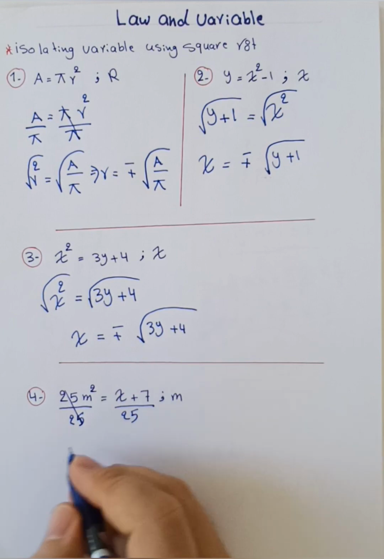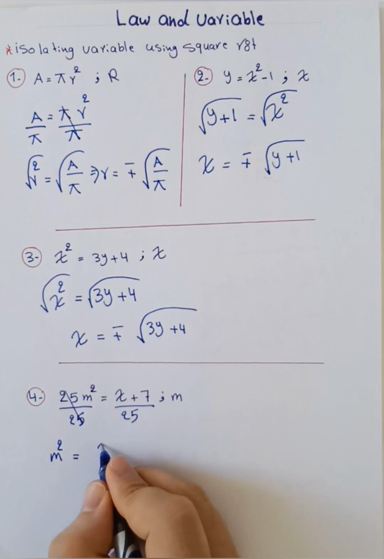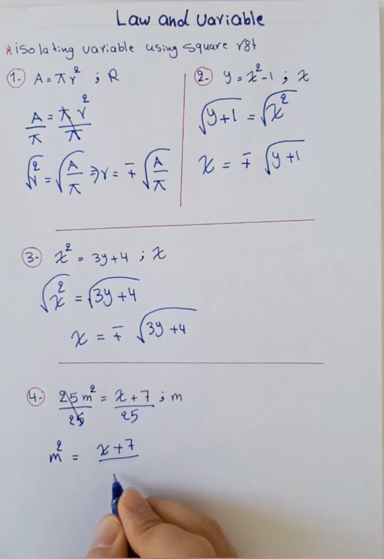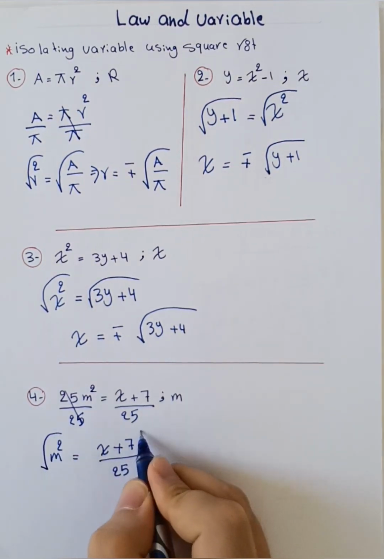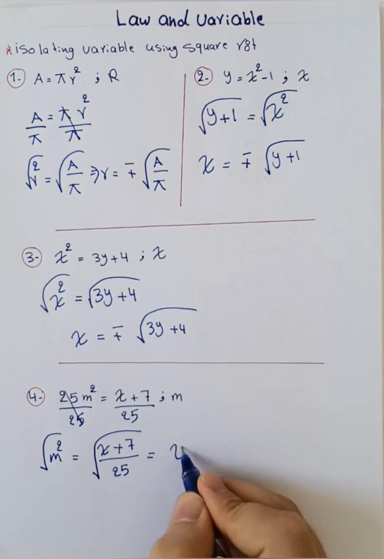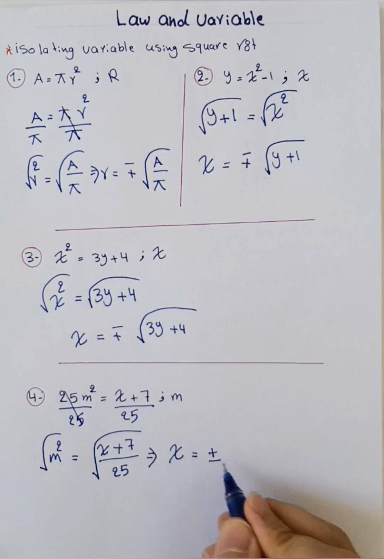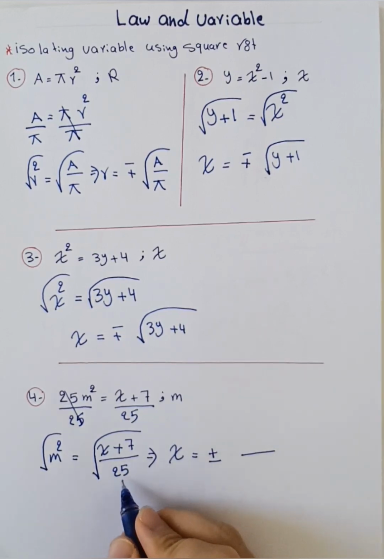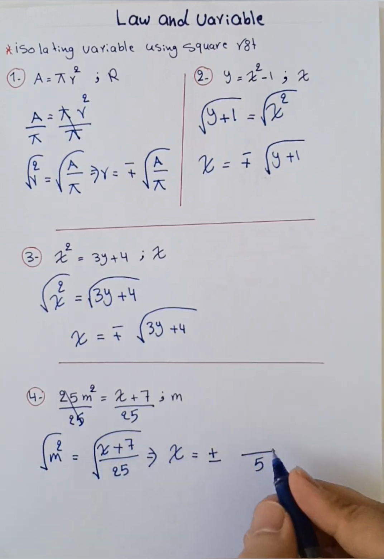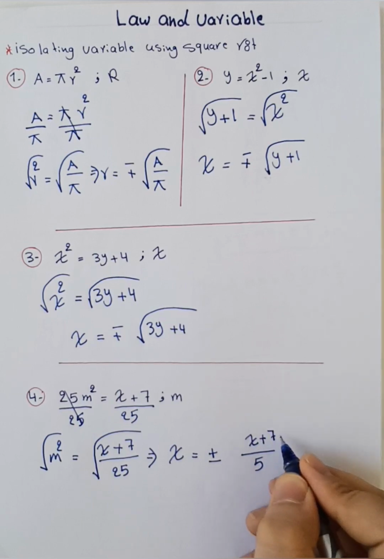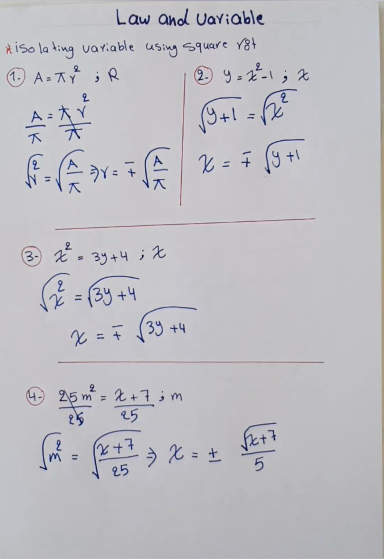These two 25s are reduced, m squared equal to x plus 7 out of 25, and then we can take the square root for both sides, m equal to positive negative, the square root of 25 is 5, and then we have to write x plus 7, so the square root of x plus 7 out of 5.